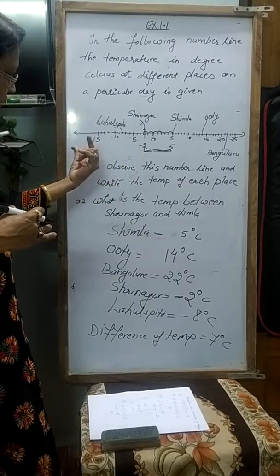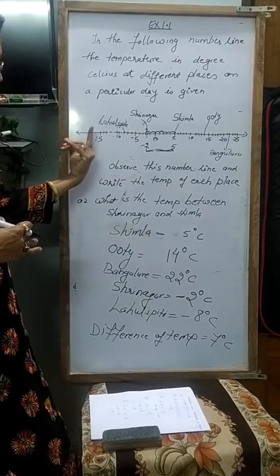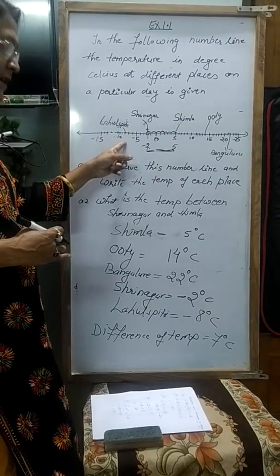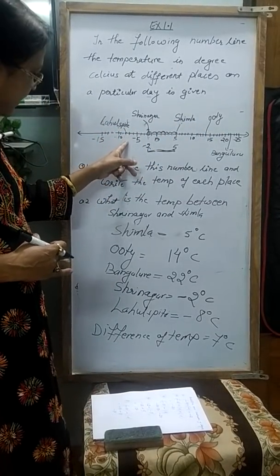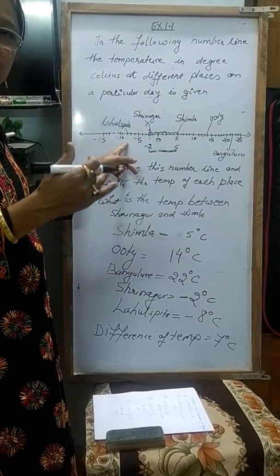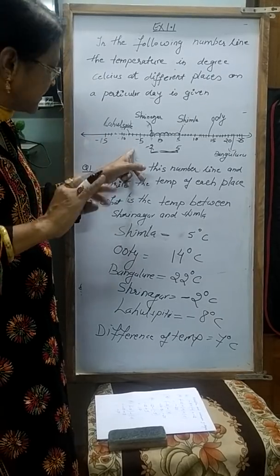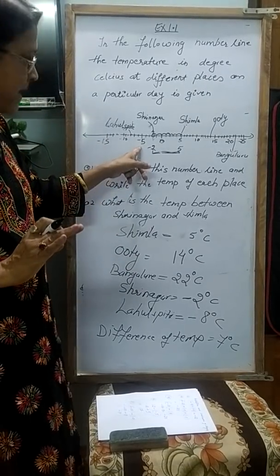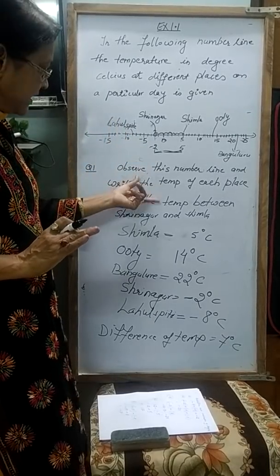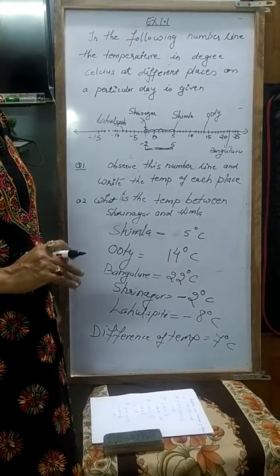So on the left hand side, Lahaul Spiti is present, and if it is asked which one is the coldest city, that is the Lahaul Spiti city. So in this way, questions are asked based on the number line.